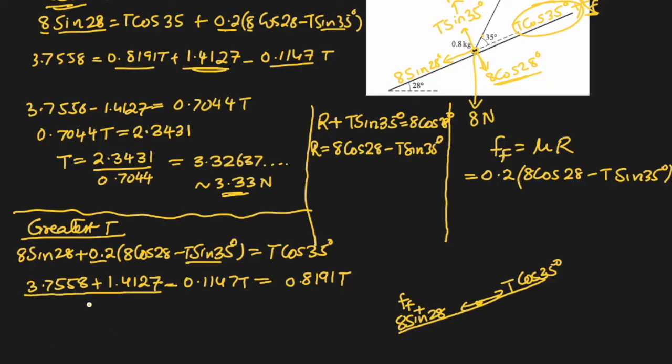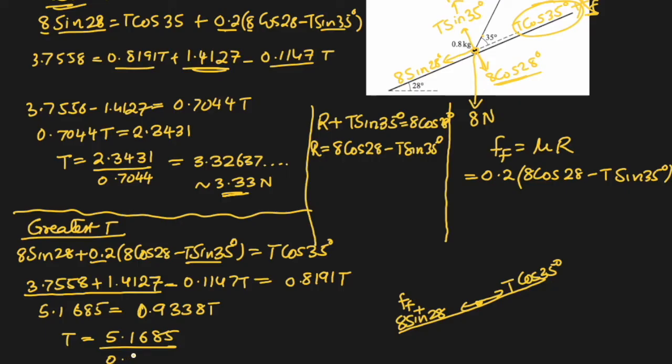If I add these two, I get 5.1685, and if I bring this to the other side, it will also add up. It will become positive. That comes out to be 0.9338 T.